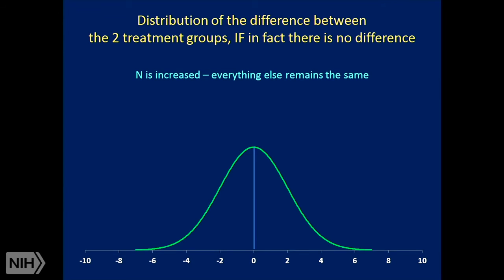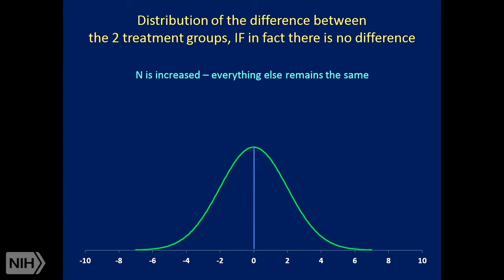That's because the spread of this curve is the standard error of the difference, which has a square root of n in the denominator. So as the sample size goes up, the standard error goes down and the curve gets tighter.